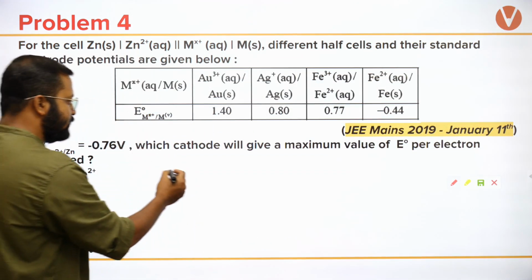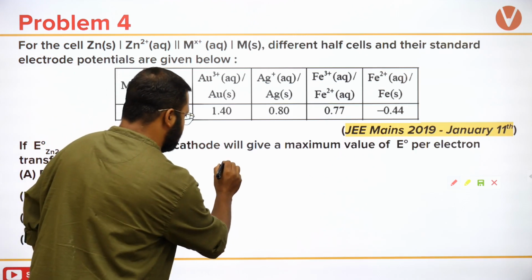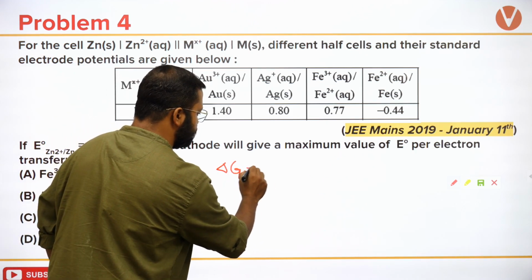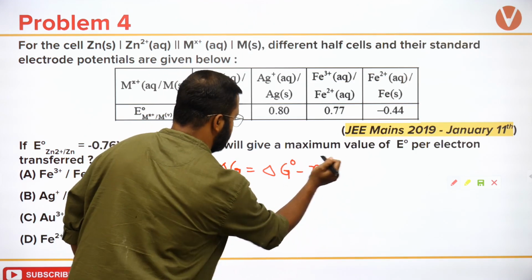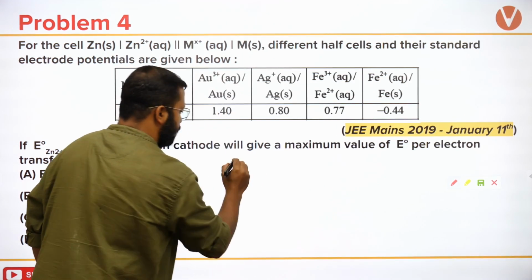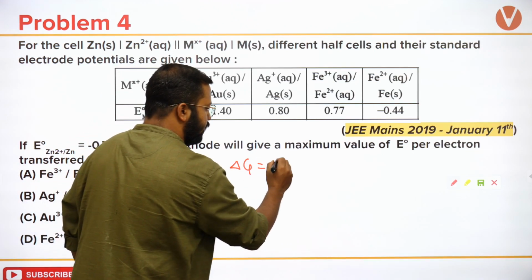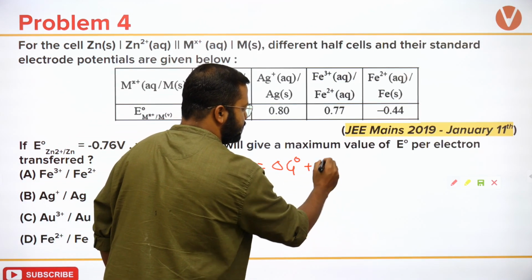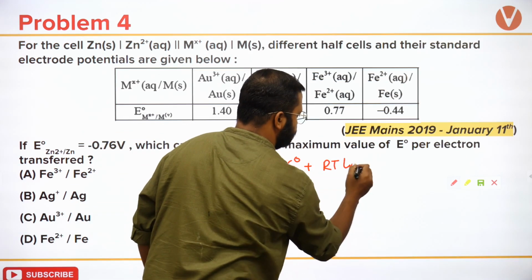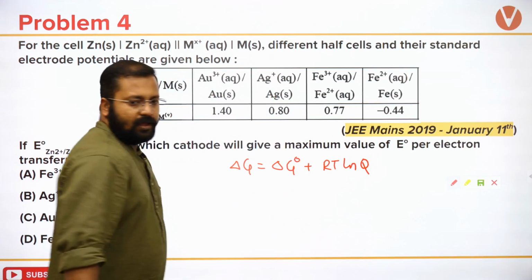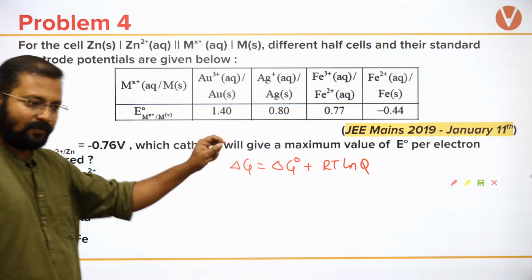See, when we use this, do you remember this equation? Delta G is equal to delta G naught plus RT ln Q. I hope you know this equation.